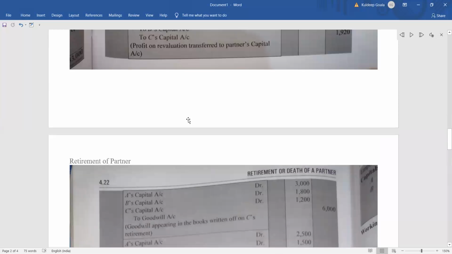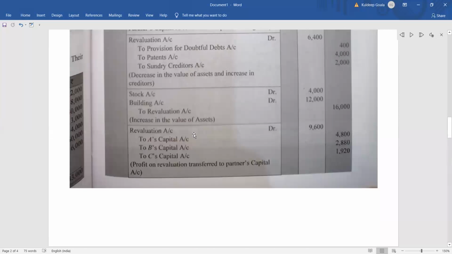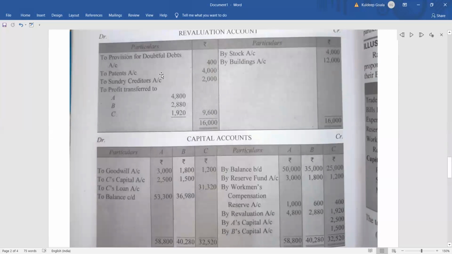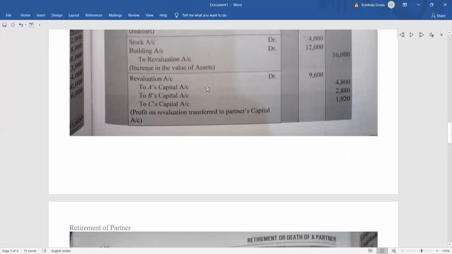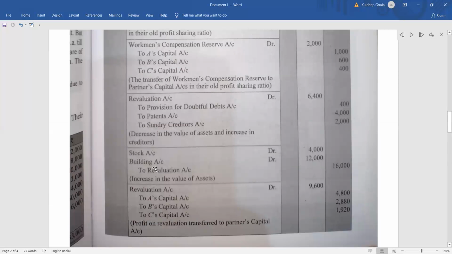Now coming to the revaluation account. What was the first one? Revaluation debit side, to provision for doubtful debt, to patent, to sundry creditors, 400, 4,000 and 2,000. This part will be very simple because the journal is clear. Then coming to the next one, stock and building will be debited, so revaluation account will be credited.